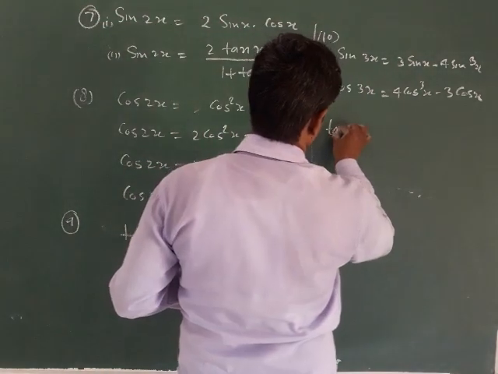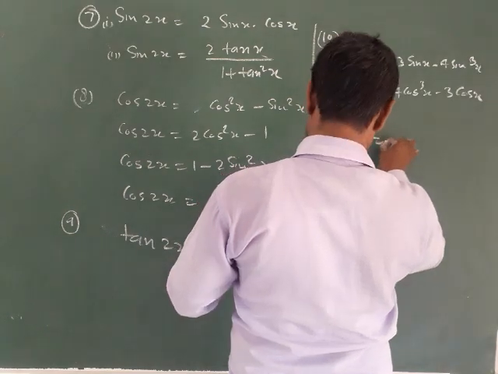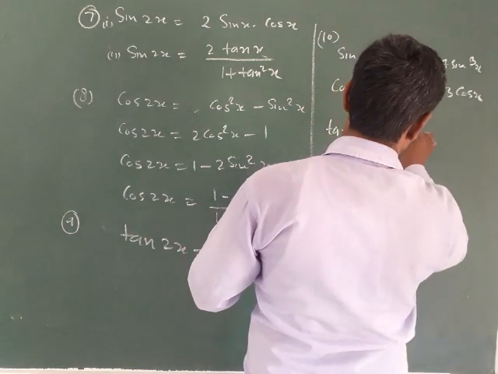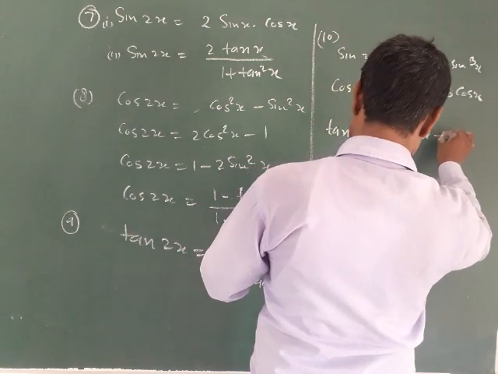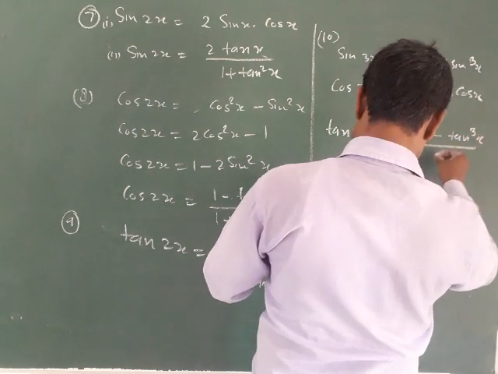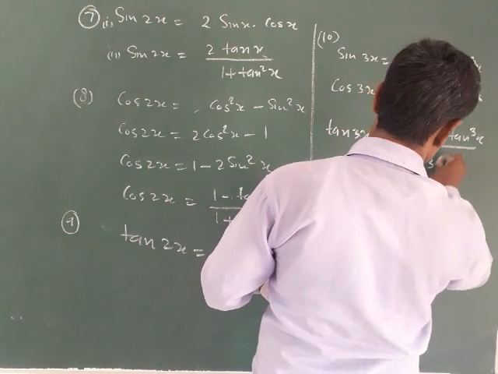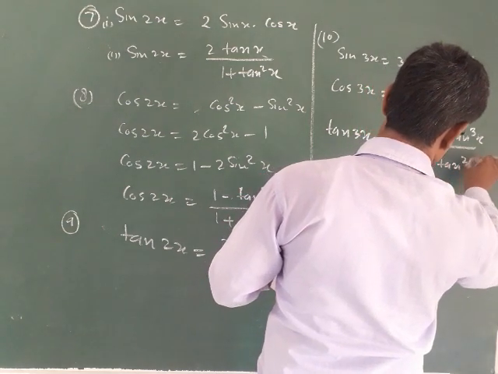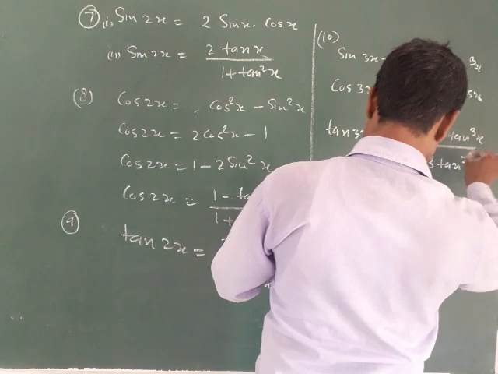And tan 3x is equal to 3 tan x minus tan cube x upon 1 minus 3 tan square x.